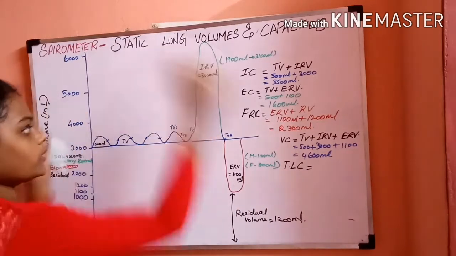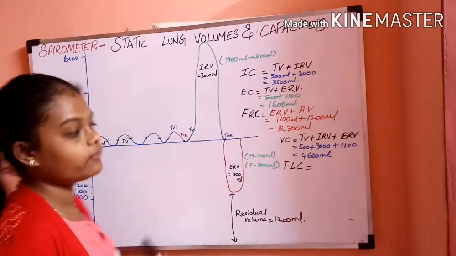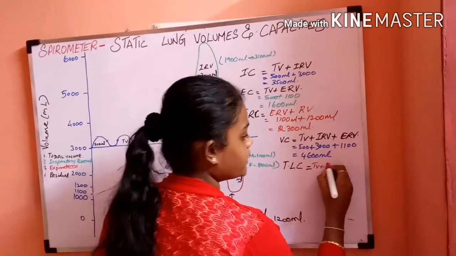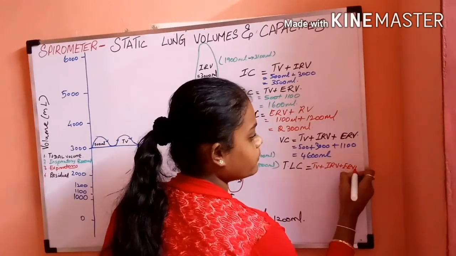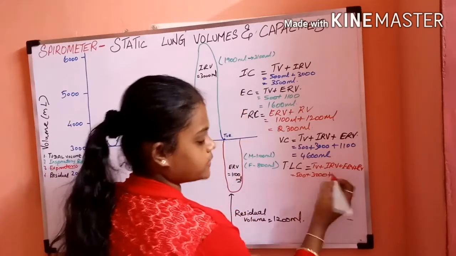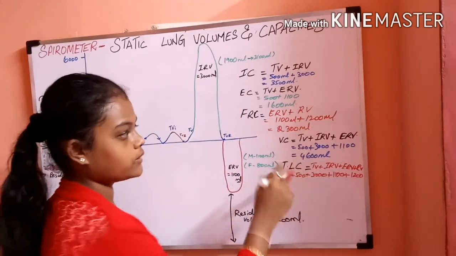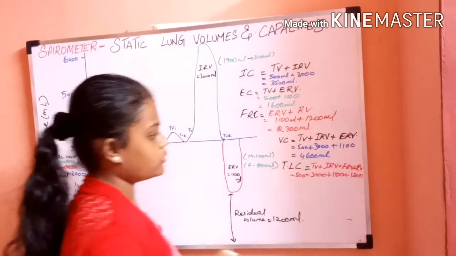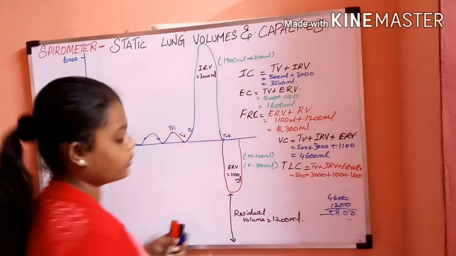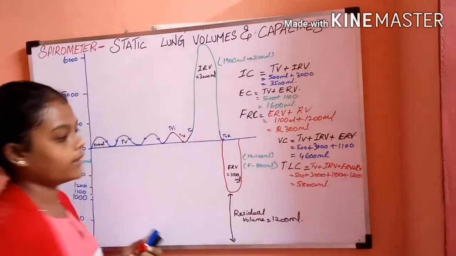Tidal volume is 500, inspiratory reserve volume 3000 in this case, expiratory reserve volume 1100, and residual volume 1200. Since the earlier part is already found, only the residual volume needs to be added. So 4600 and 1200 is 5800 ml. This is the total lung capacity.